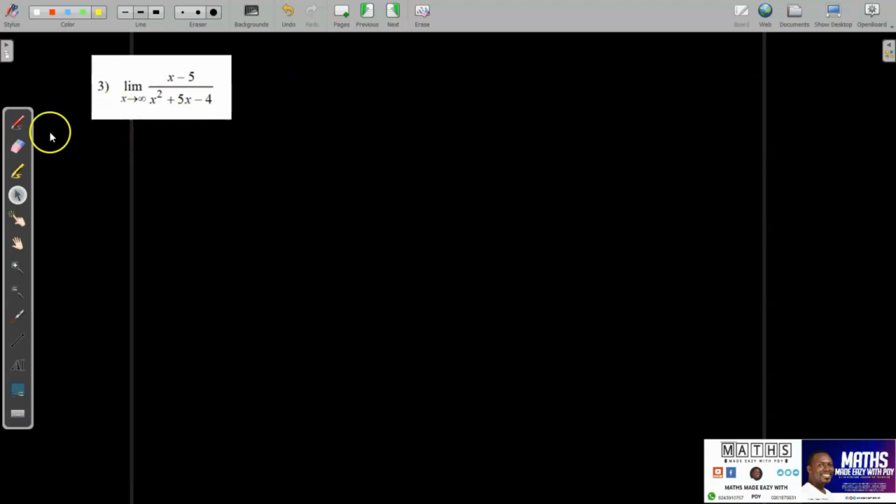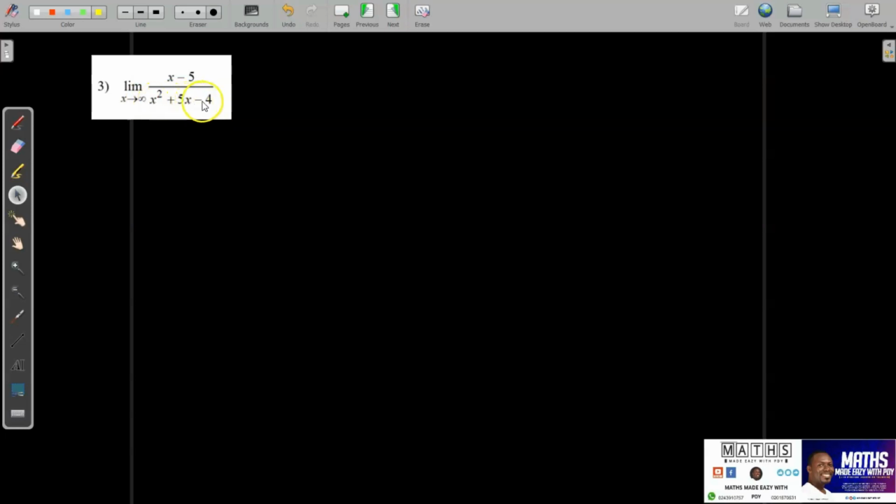Again, if we substitute infinity here, you are going to have infinity minus 5, and the answer is still going to be infinity because you don't know the largest value actually being substituted. Over here is going to be infinity squared, which is still infinity, plus 5 times infinity, still infinity, minus 4.